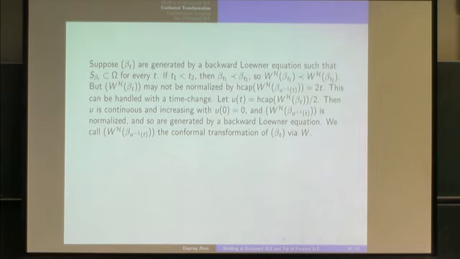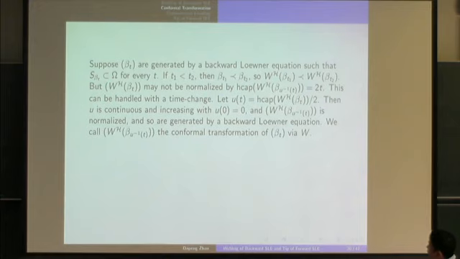Let u(t) equal to the half-plane capacity of this divided by 2. Then u is continuous, increasing, and starts from 0. And now we consider W_H of beta at u inverse of t. Then it's normalized, and so is generated by a backward Loewner equation.